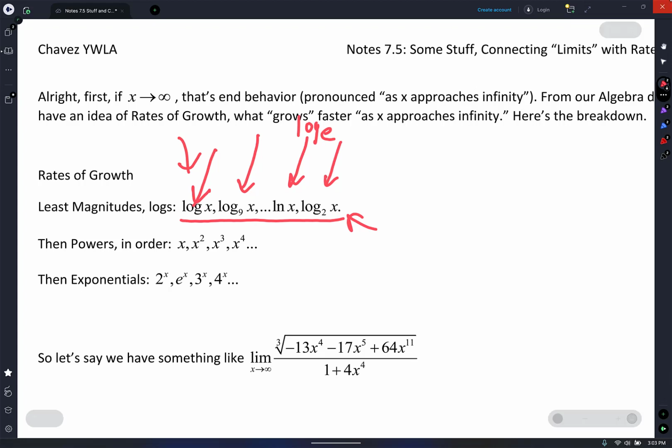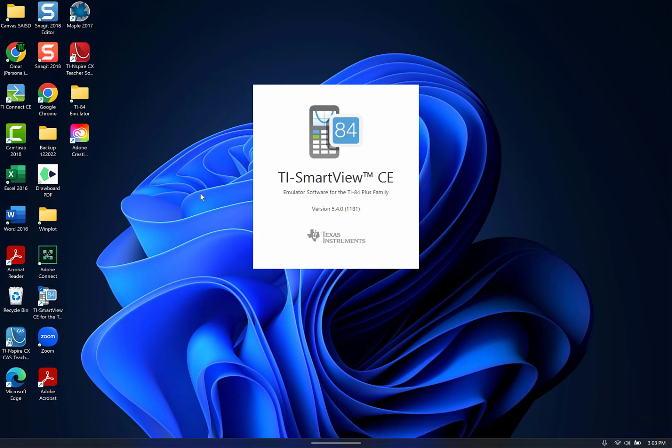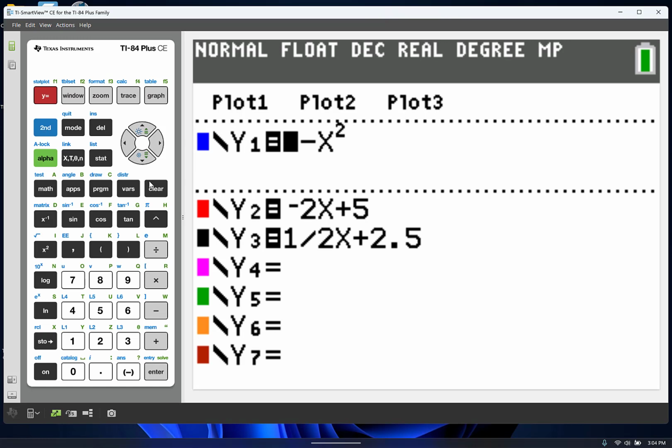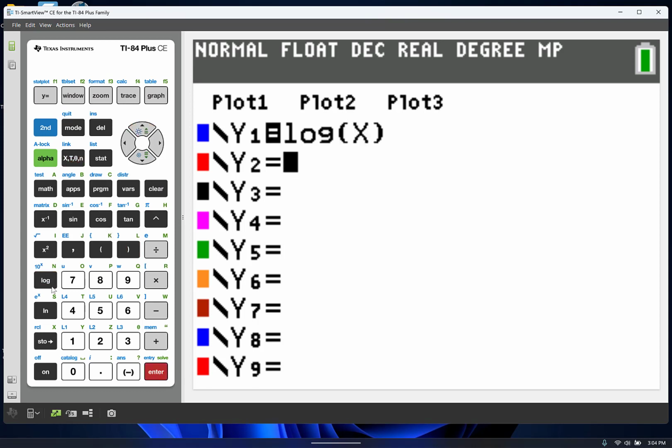And there's evidence if I take out my calculator. I'll show you how to get the log base in here. Let's start with just a regular log x, and then let's get a log base 9.